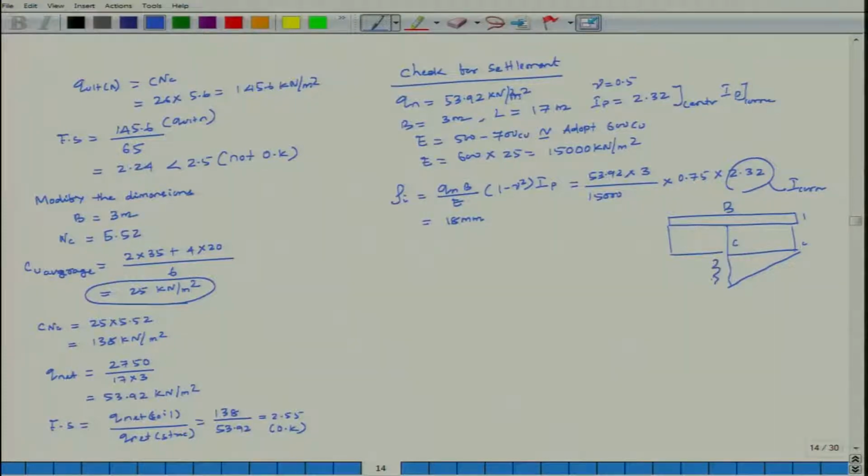So, the differentiation, this and this will be B by 2 and this is your theta, then find out theta in terms of 1 is to x, then check as per BS code whether it is less than your permissible differential settlement or not.